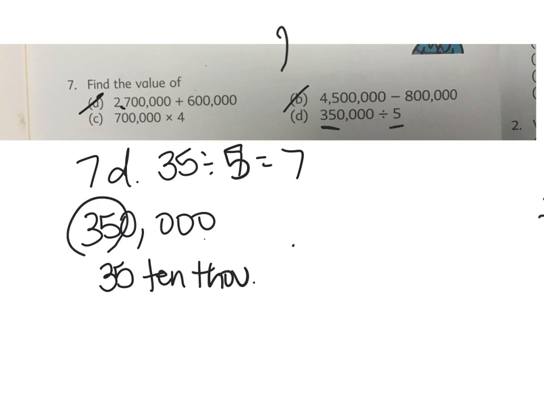Okay, 35 ten thousands. So 35 ten thousands divided by 5 equals 7 ten thousands.